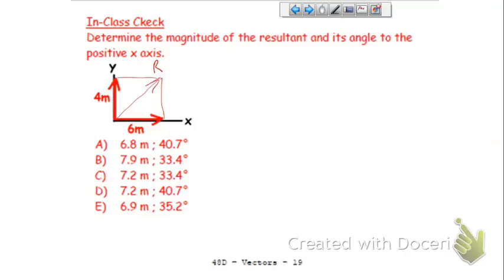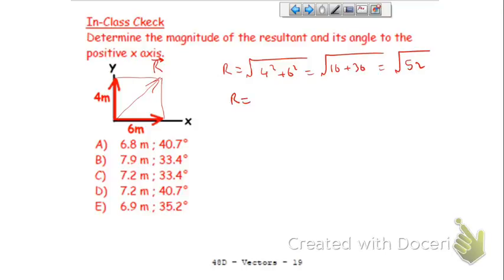That's the vector R, and R is equal to the square root of 4 squared plus 6 squared, which equals the square root of 16 plus 36, which equals the square root of 52.